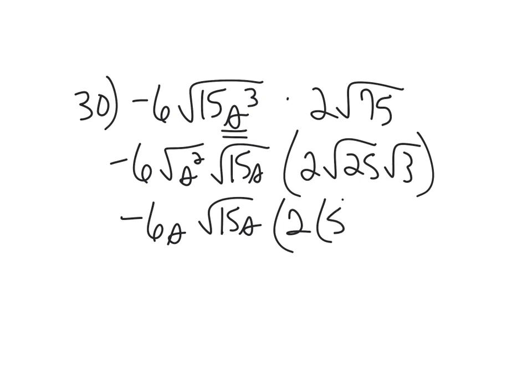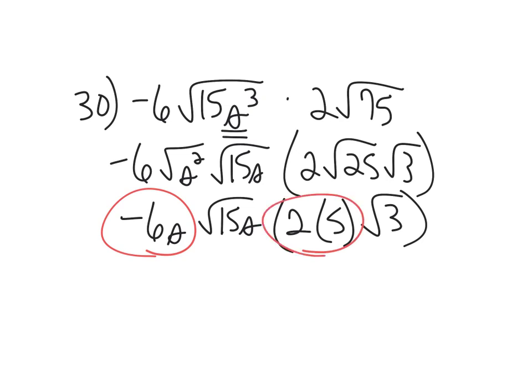Square root of 25 is 5. And then these parts are not under the radical, so if you multiply 2 times 5 is 10 times negative 6 is negative 60. And then if you multiply these together, that would be square root of 45.